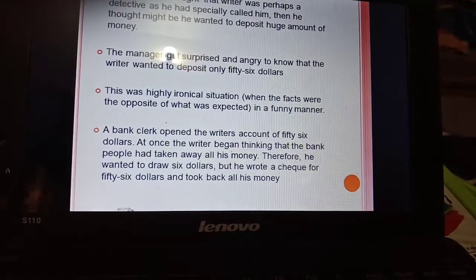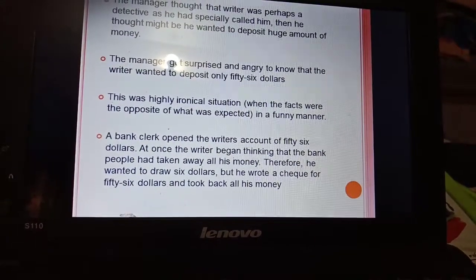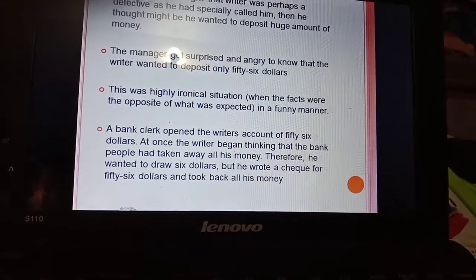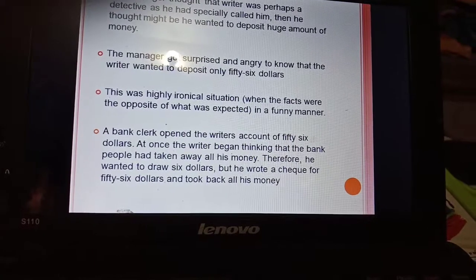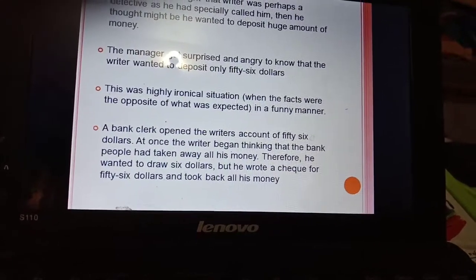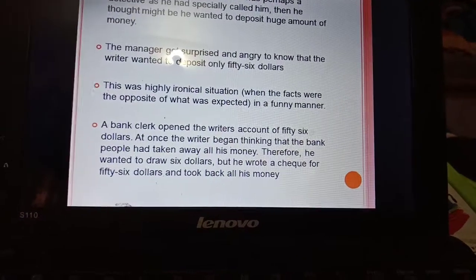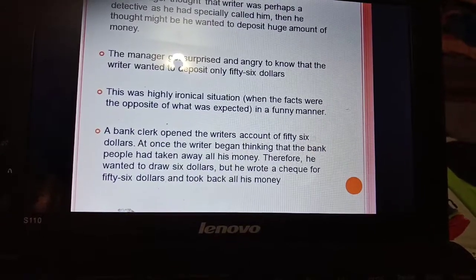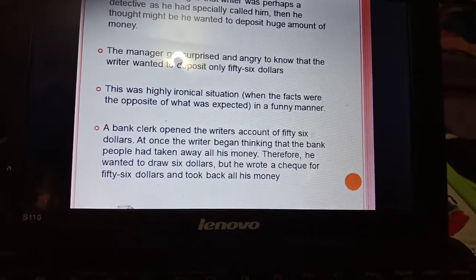After depositing, he was thinking what they would do with his money, and maybe they would not give it back to him. He was very confused at that time, and in confusion he wanted to draw only $6, but in full confusion he wrote $56 and took back all his money.